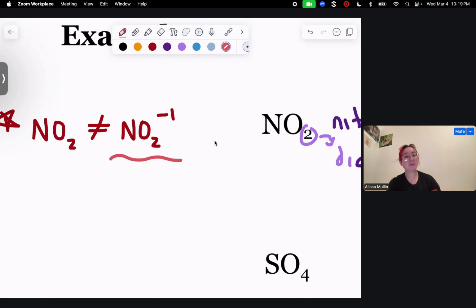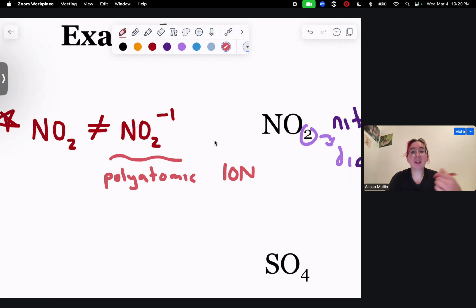So this is on that special list we've been talking about. This is a polyatomic ion. So because it has a charge, because it's able to be an ionic bond, it's special. It has that special name.